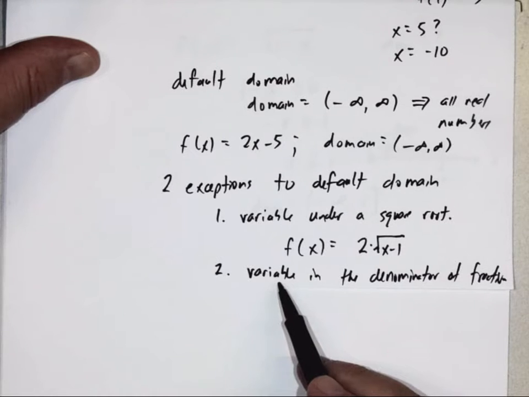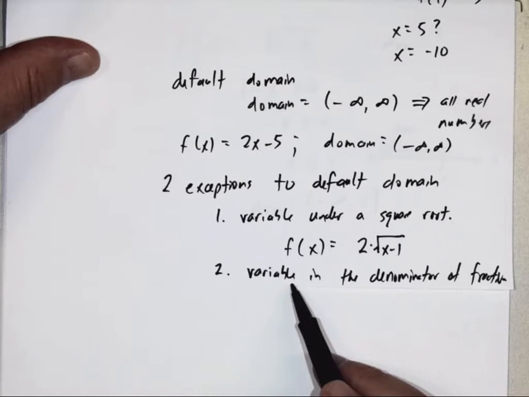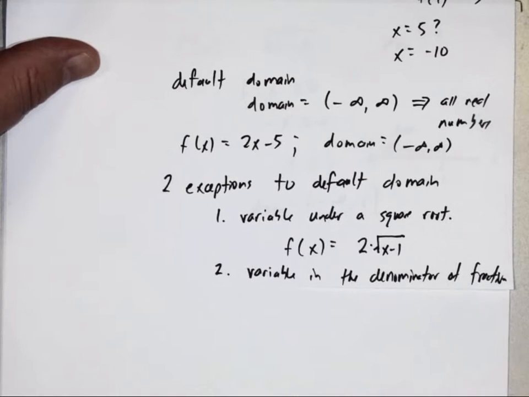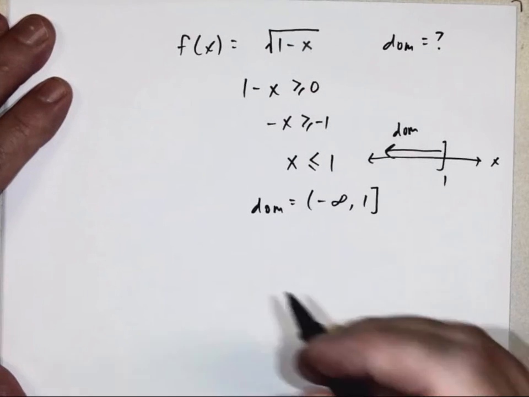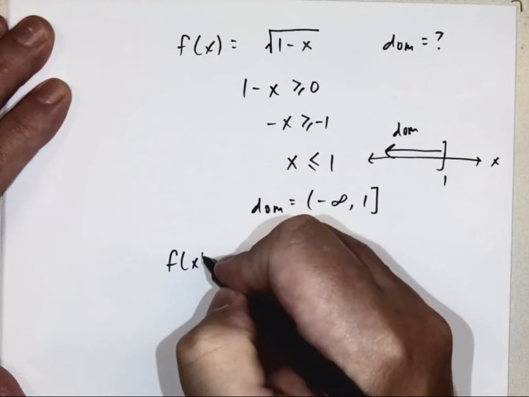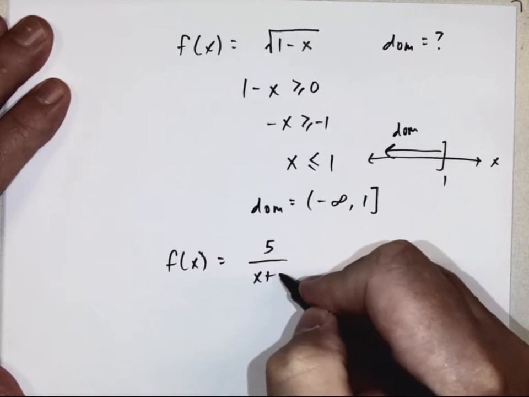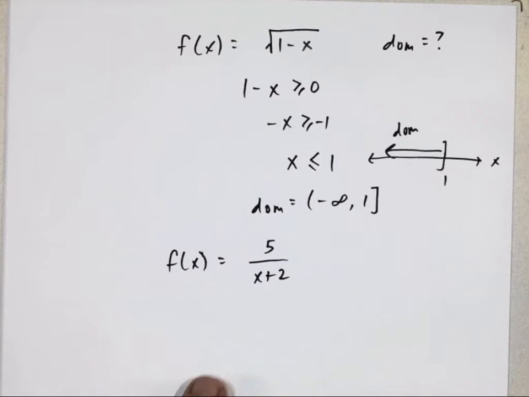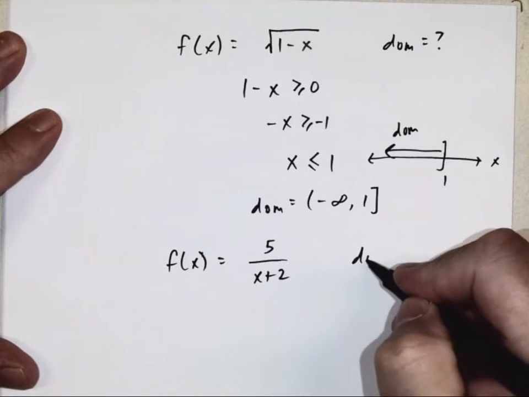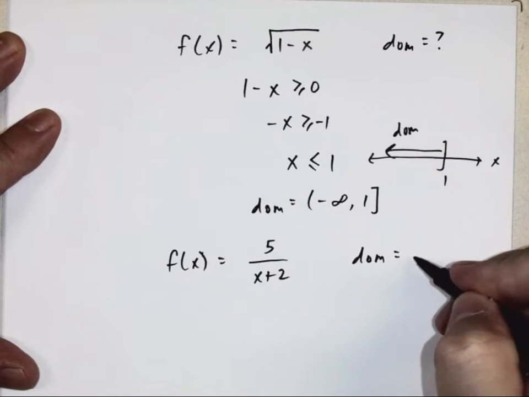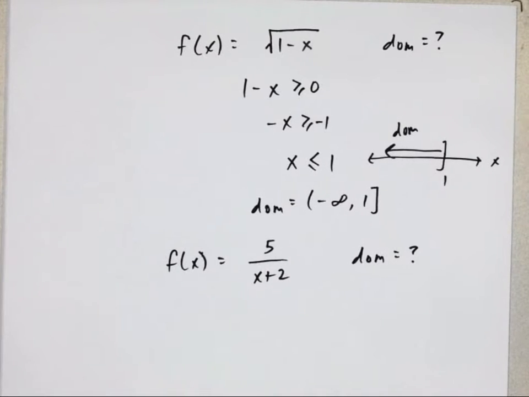But the second exception is you have to look to see if you have a variable in the denominator of a fraction. So say you're given this function, 5 over x plus 2. You're asked to find the domain. Okay, since I have an equation, the starting point for my domain, I'm going to say it's all real numbers.